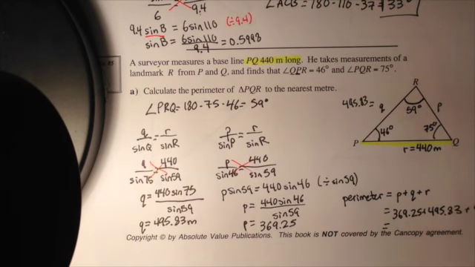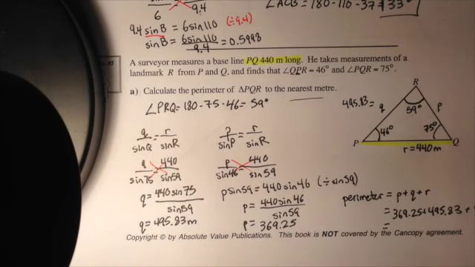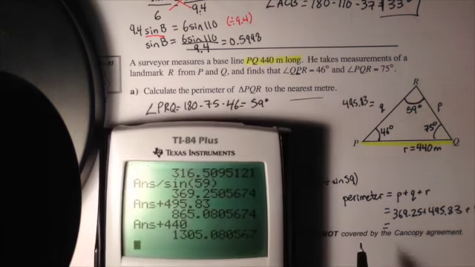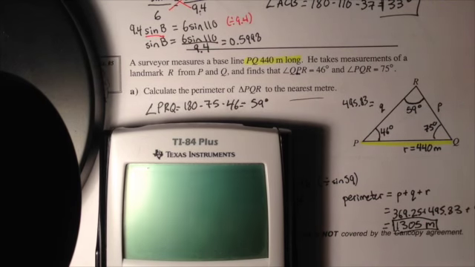We're going to round to the nearest meter here because that's what our question asked us to do. So 369.25 plus 495.83 plus 440 gives us 1,305 meters, and that is our final answer.